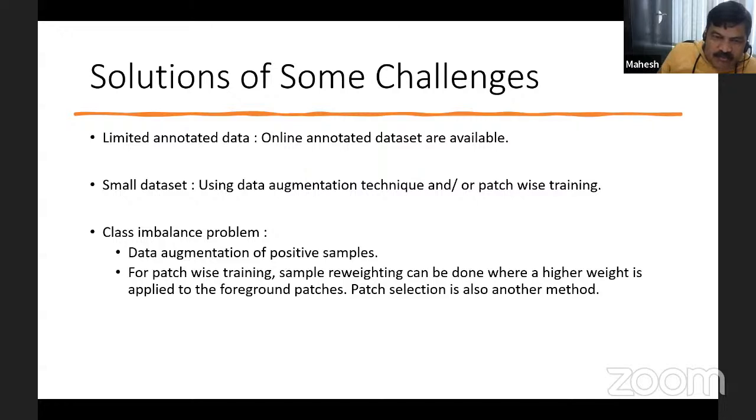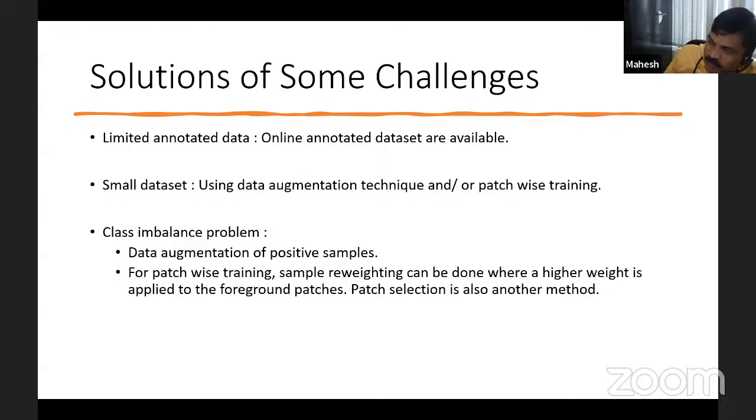Second is the class imbalance problem, which you can solve by a data augmentation technique. We can introduce more positive samples by augmentation. The class imbalance problem is also solved by patch-wise training. Okay, we have limited images, like 10 images. In training, we will not give the full image as input.